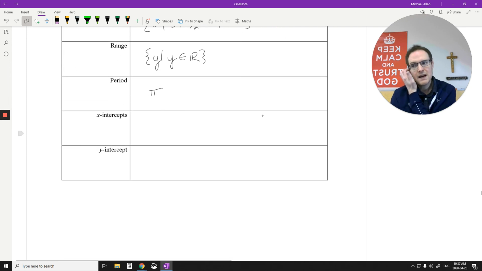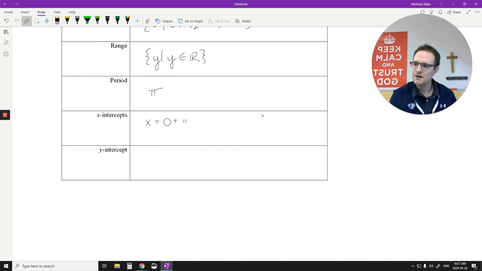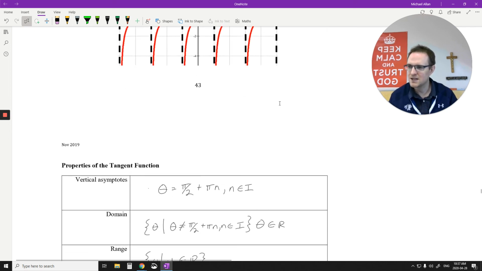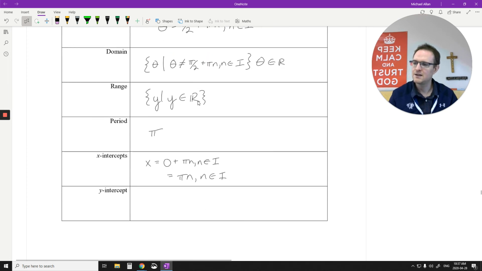So my x-intercepts are going to be, because they use x here as well, start at 0, add pi any number of times, front or back. So I can simplify this down and get rid of the 0 and just go pi n, n an element of the integers. Now my y-intercept, you can see here my y-intercept is 0. So y is 0, 0.